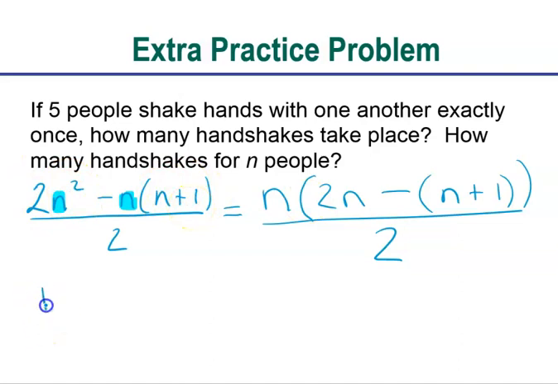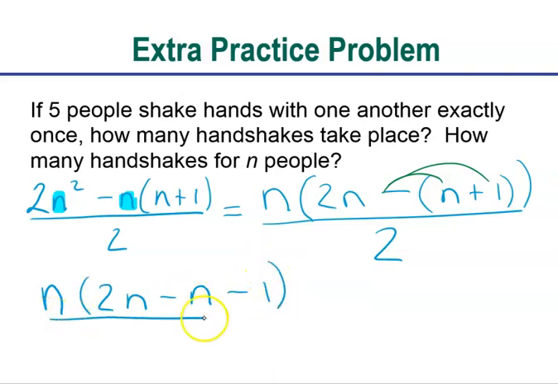Now, you know your algebra steps. Next thing I have to do is distribute this negative inside the parentheses. So this negative has to go into both of those. Again, don't panic. So this is going to be minus n minus 1, all over 2. Now, you know the drill. I need to add my like terms. So this 2n minus 1n is just n.